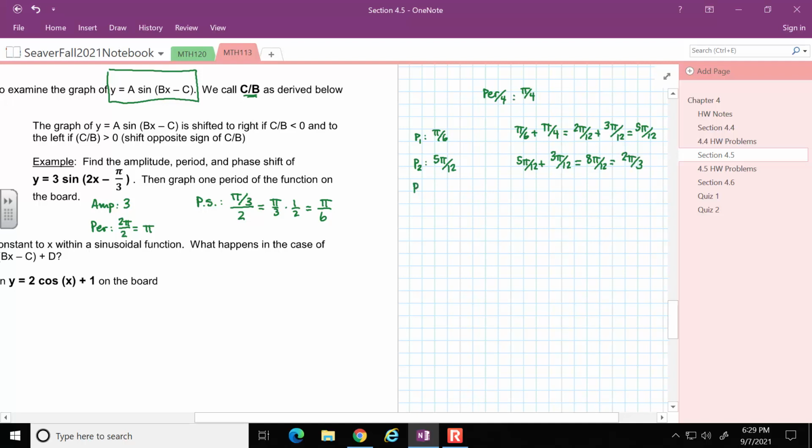So my point 3, I'm going to say, is 2 pi over 3. And then I'm going to keep going down that road. If I take 2 pi over 3, it's 8 pi over 12, and I add that again, 8 pi over 12 plus 3 pi over 12, I get 11 pi over 12. Okay?